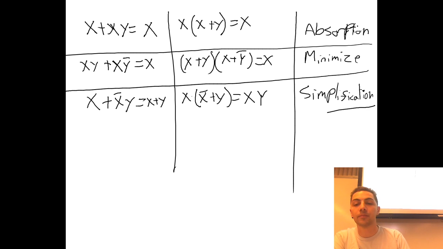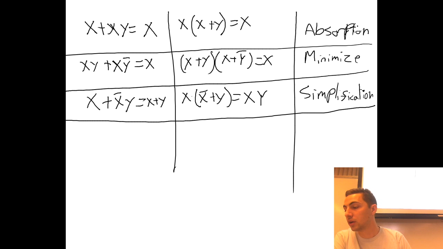The idea here is it doesn't matter that you have this x bar here, because if it's x bar, then y obviously has to be true because it doesn't fulfill this term. If you look at when x is 0 and x is 1, if x is 1, it's automatically true. If x is 0, then it's reliant on this term, so the x bar doesn't enter into it.